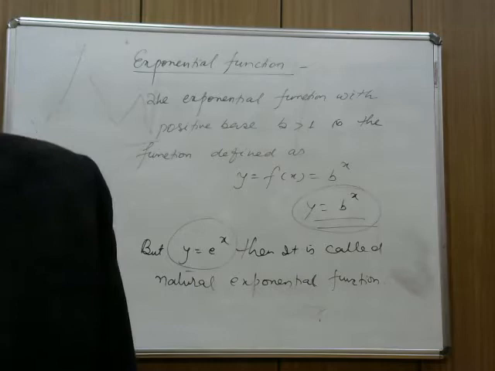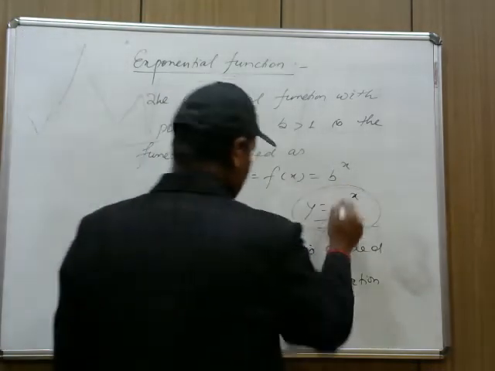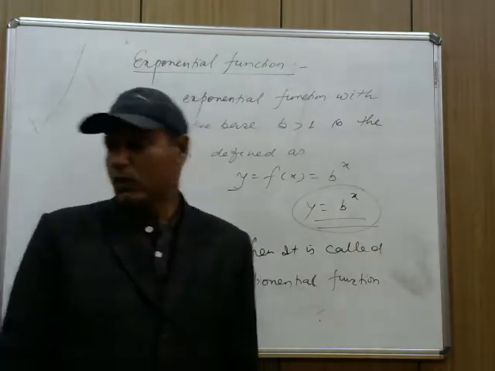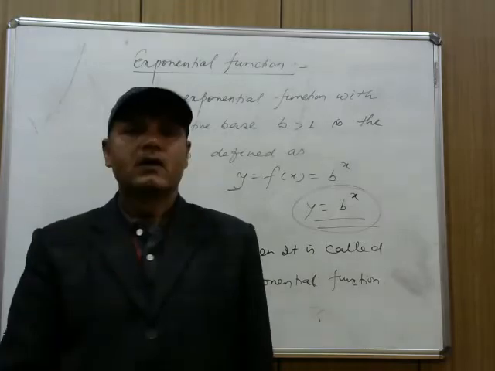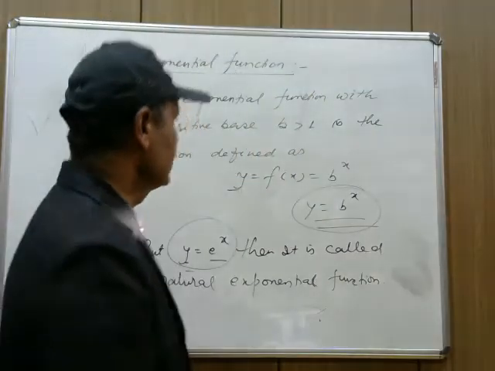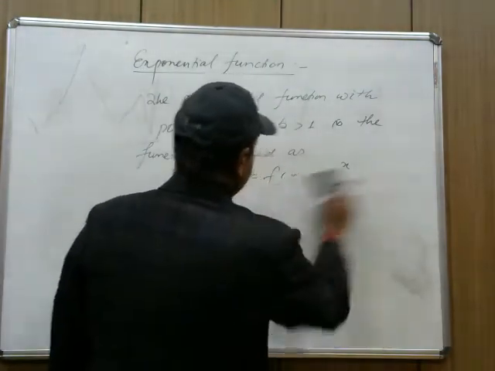Right? Now, you know that if you draw the graph of y is equal to e to the power x, or y is equal to 10 to the power x, or y is equal to 2 to the power x, or y is equal to 4 to the power x, any number if I take, then let us see how the graph of this function is.